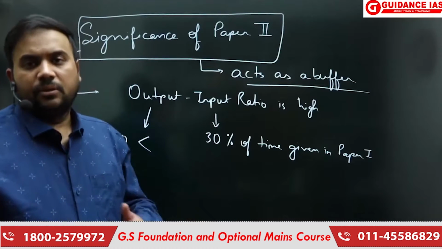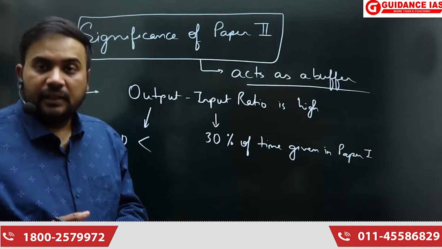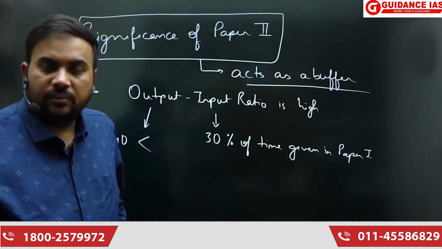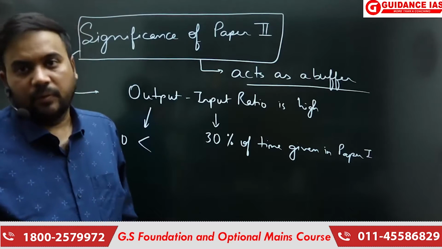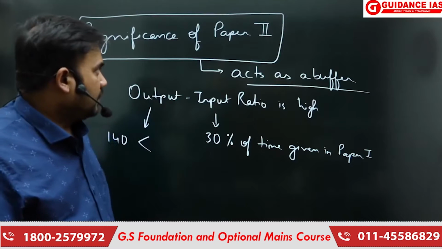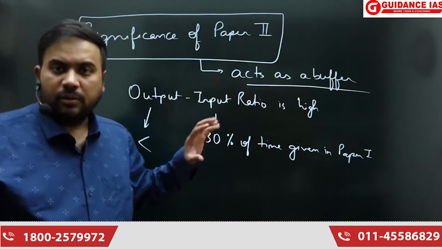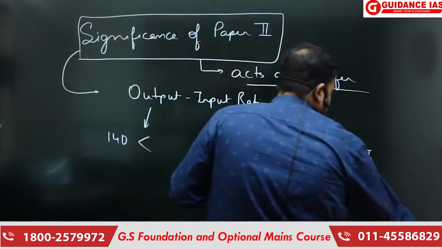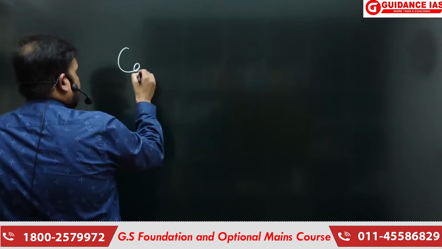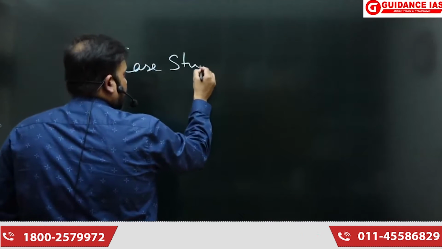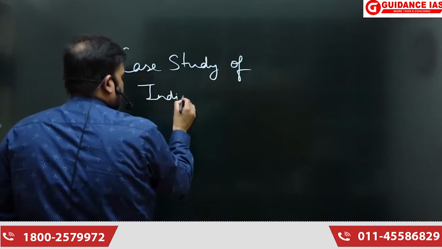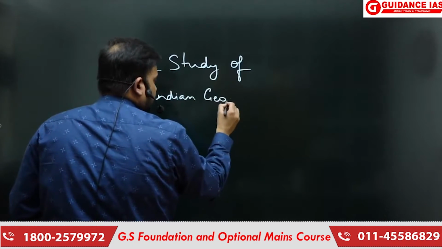Besides that, its significance is very, very high with respect to your GS. Most of the questions coming there, whether it is paper 3 or paper 1 of GS, are basically related to paper 2. Also, paper 2 is essentially a case study of Indian geography.